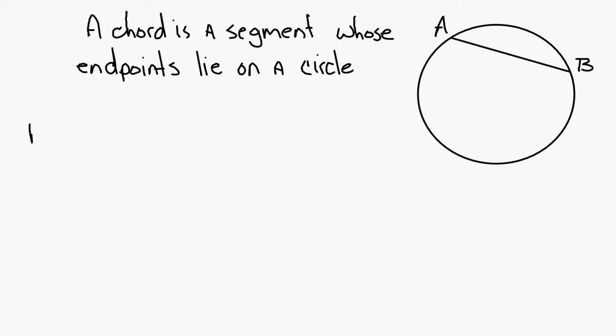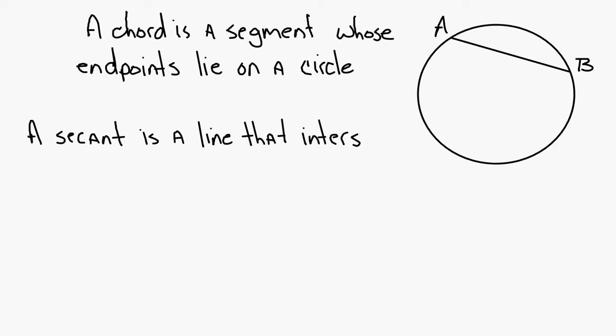A secant is a line that intersects a circle in two places.